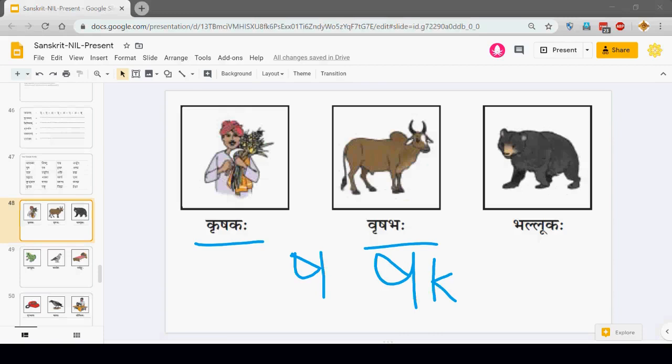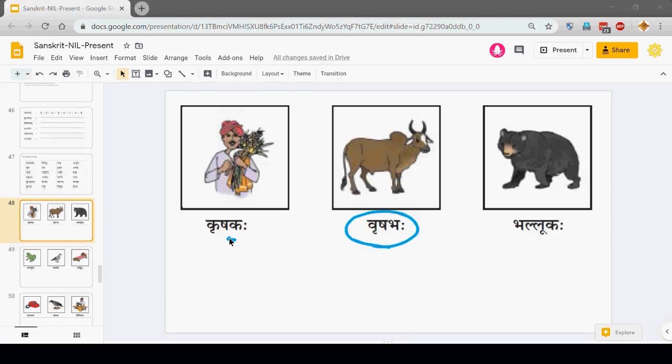Okay. So first one is correct, kru, and the second one is sha, then ka. Okay. What about this one? It is similar to this. By the way, Krushaka means farmer. So in India, farmer looks like this.